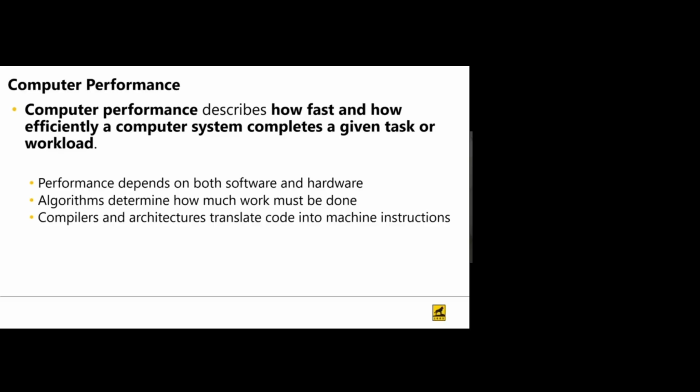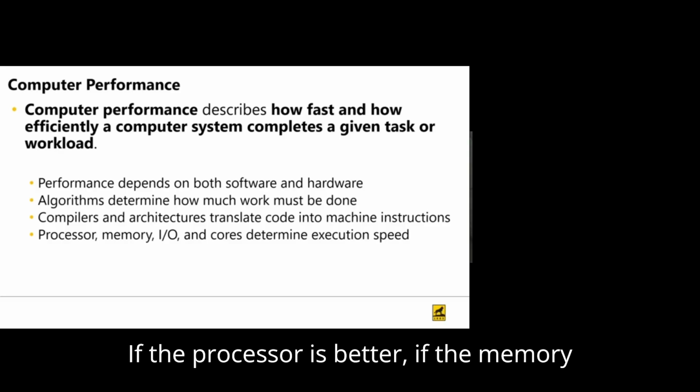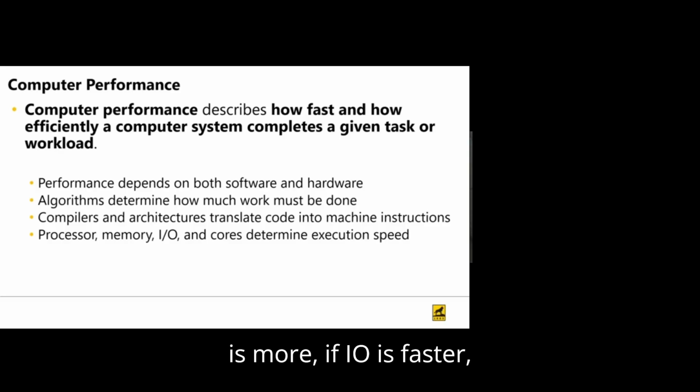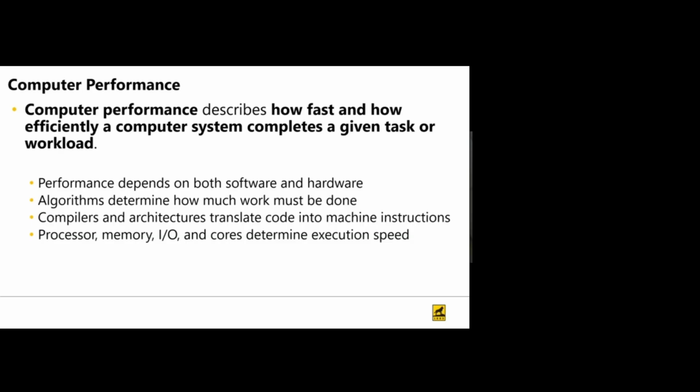Anyway, if the compiler works better, it makes a higher performing system. And then the processor: if the processor is better, if the memory is more, if I/O is faster, and right now I/O is so important for performance, it all determines execution time, speed, or performance.